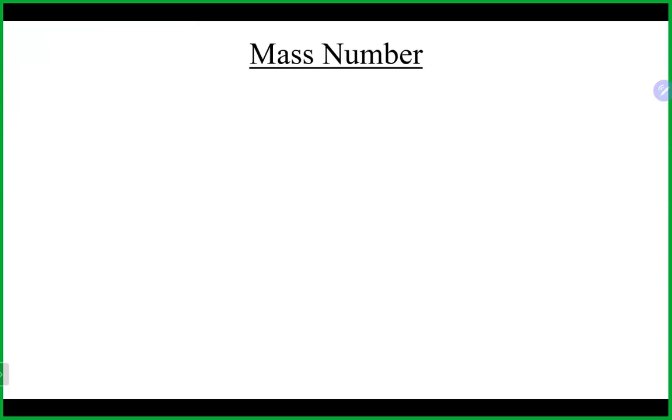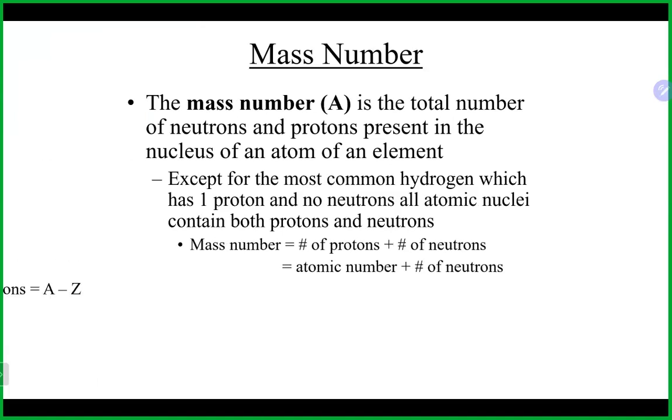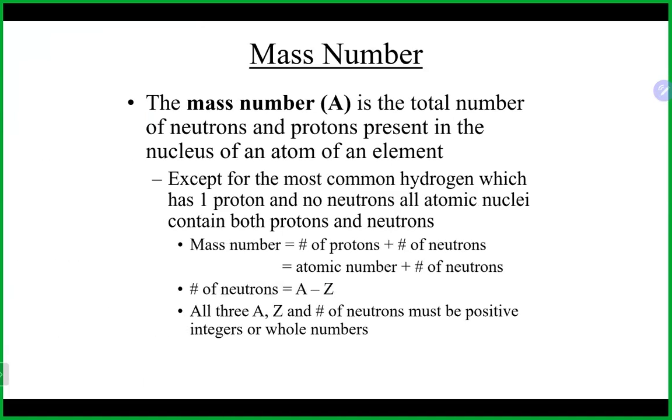Now, the mass number is also a really important number, and it is sometimes abbreviated with an A. The mass number is the total number of protons and neutrons in an atom of an element. Except for hydrogen, and hydrogen is unusual, which is why it sits in the upper left of the periodic table.